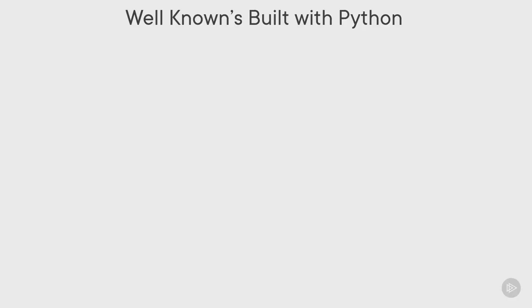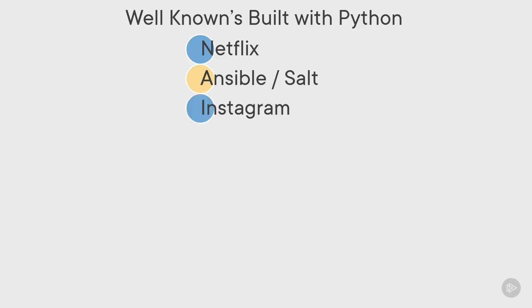Now let's take a look at who's actually using Python out there in the wild and what apps and websites are built with Python. So Netflix is leveraging Python. Ansible and Salt, those are common tools in the DevOps and system engineering world. Instagram was built on Python. YouTube is built on Python. And even OpenStack. So OpenStack is a cloud system, so you can enable your own cloud on premises.